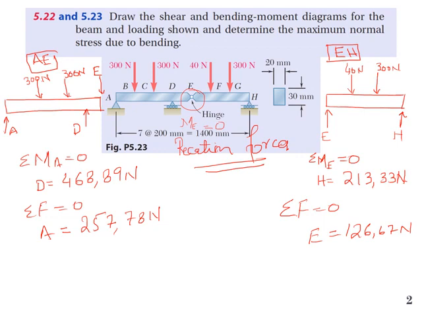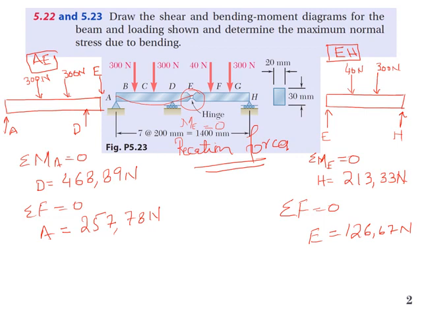Now if you look at the loading, this beam we can divide into two segments, AE and EH. Now this AE, if we roughly draw it, will deform something like this, and then it will try to move upward at this point E, and these forces will push it downward.